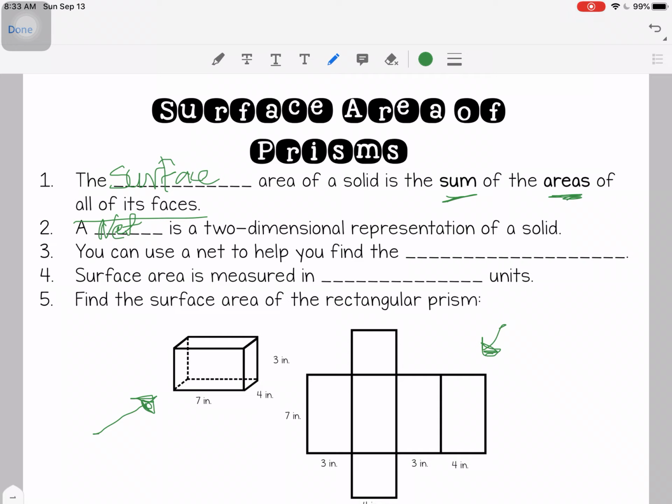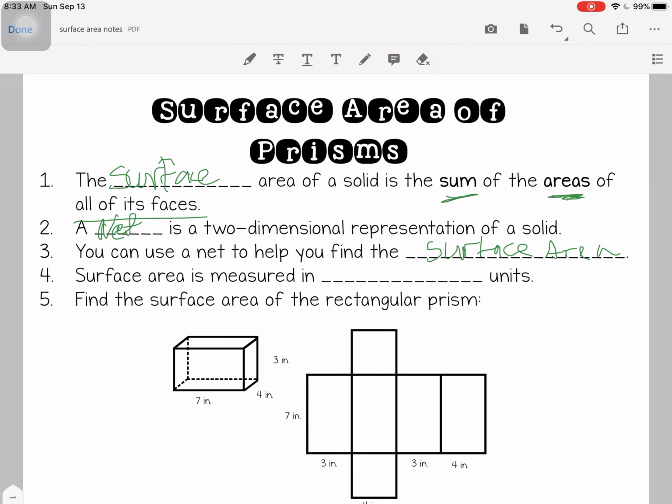So let's say somebody took this prism, let's say it's a box, and cut it open and laid it flat. They would get a net, okay? You can use a net to help you find surface area, or you can just look at the 3D solid and determine the surface area. Surface area is measured in square units because we're still talking about area.